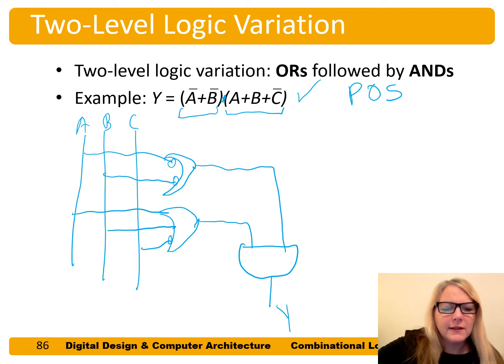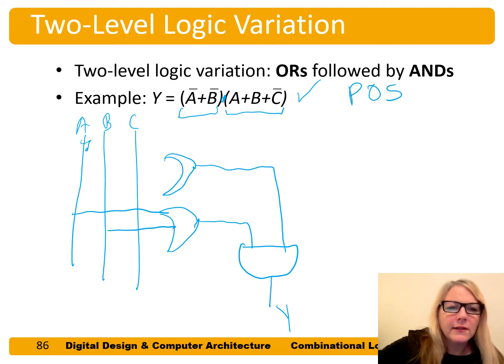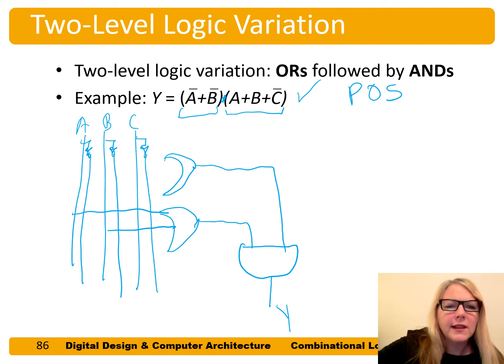And to make these purely OR gates, the best thing to do here would be to take off the bubbles and put inverters off of the inputs to get A bar. So now we're going to pick off A bar or B bar, A or B or C bar.